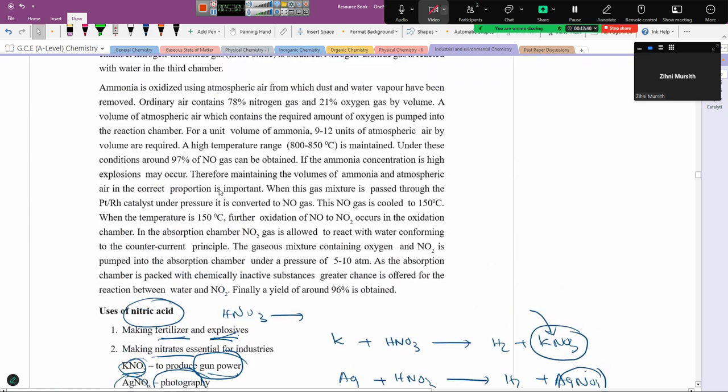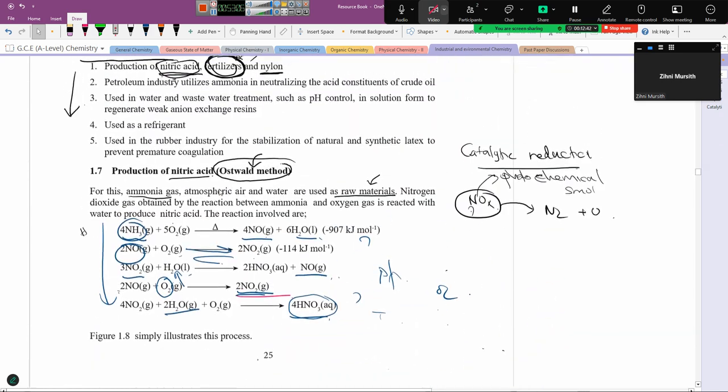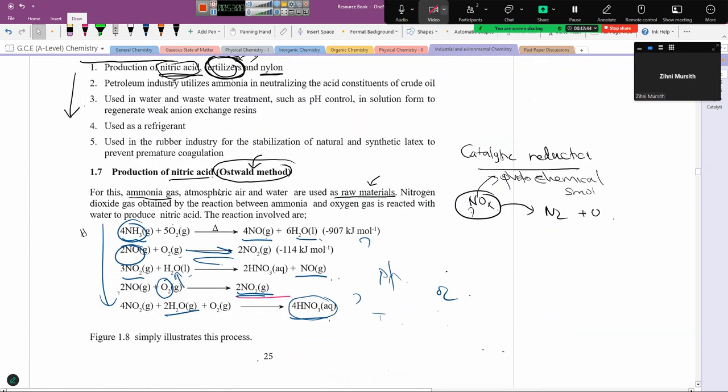Here they cannot ask any questions related to equilibrium, because none of the equations are at equilibrium. You can see all are complete arrow marks. But if they want to ask, they might just ask you to consider this as an equilibrium and then ask questions. But there is no way to ask any equilibrium related questions in the production of nitric acid.